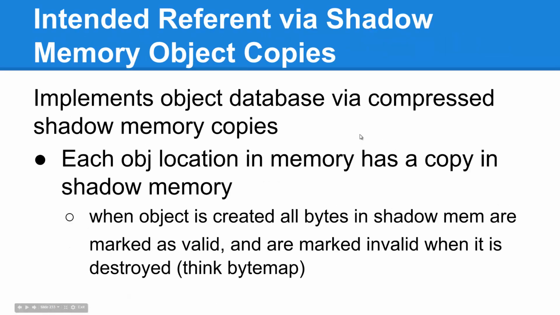I'm not sure though. So, the way intended referent validation via shadow memory object copies works is that every time something is created or destroyed, an exact replica is created.